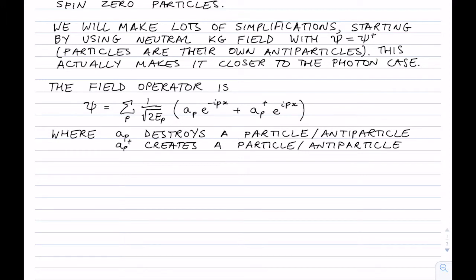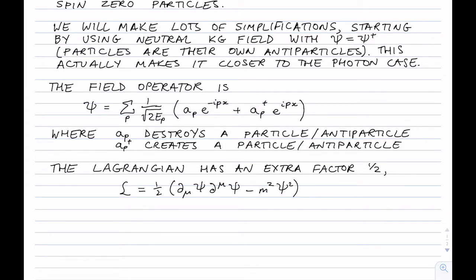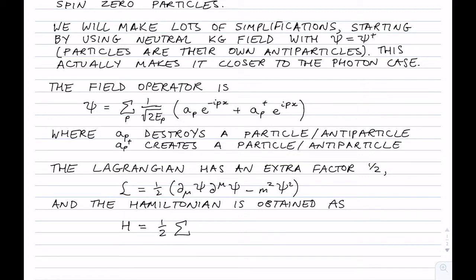The Lagrangian now is a little bit different. It has an extra factor of a half, which you may like to verify by making the Euler-Lagrange equations and showing that you get the correct Klein-Gordon equation. And similarly, we will get the Hamiltonian, which is a factor of 2 smaller than what we had before.